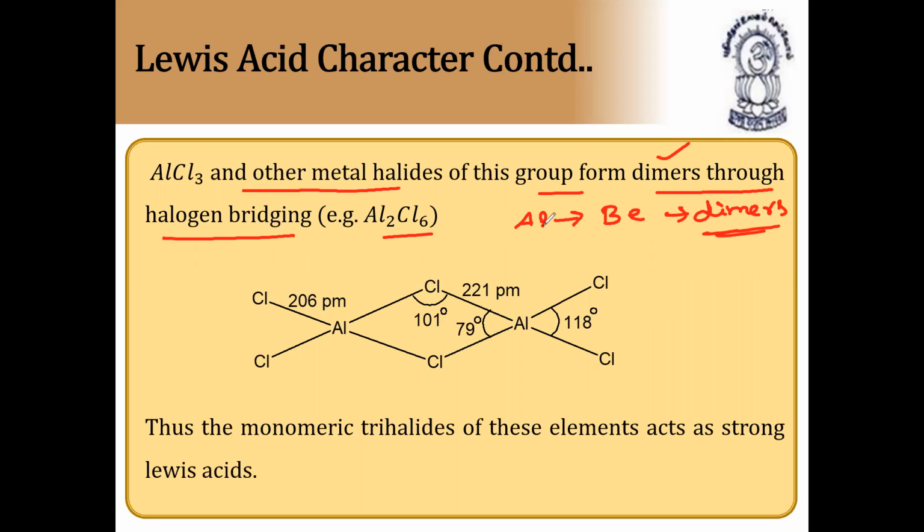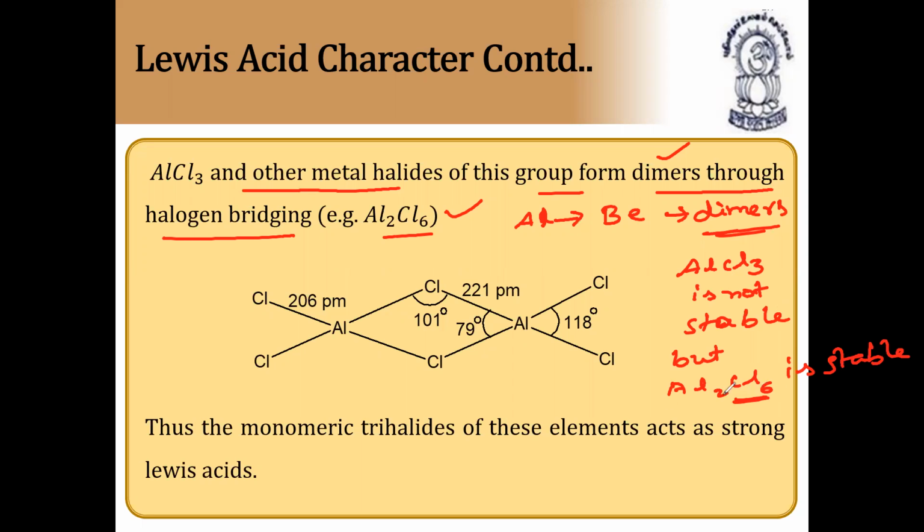So AlCl3 should be there, but Al2Cl6 is present. AlCl3 is not stable, but it's a Lewis acid, and Al2Cl6 is stable.